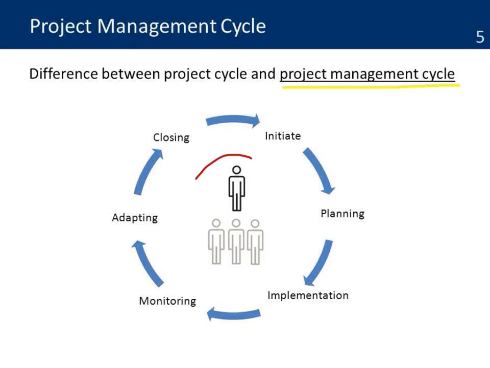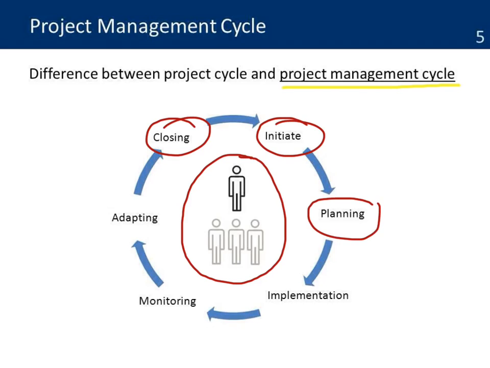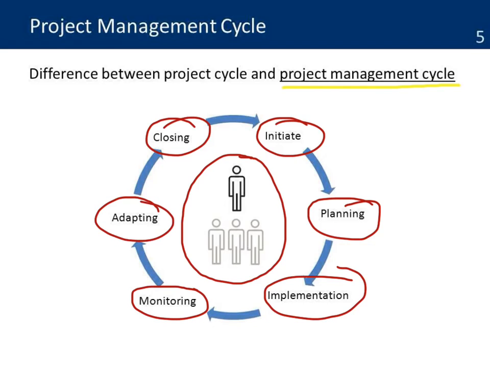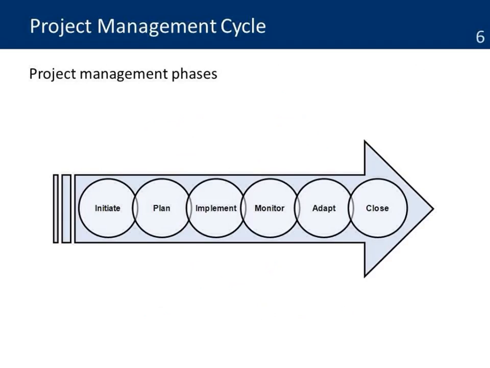The difference is that we have only one person or team responsible for the phases in the project. So they are responsible for the initiation, planning, monitoring, adapting, and closing of the project. Now the project management phases, we identify these 6 phases, 1, 2, 3, 4, 5, 6.